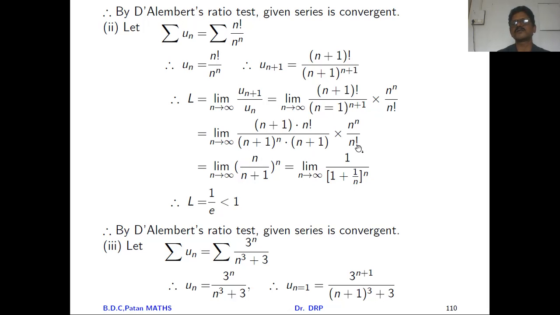This n factorial and n plus 1 get cancelled, and there we get limit n tends to infinity of n raised to n upon (n plus 1) raised to n. It can be written as (n upon n plus 1) raised to n.